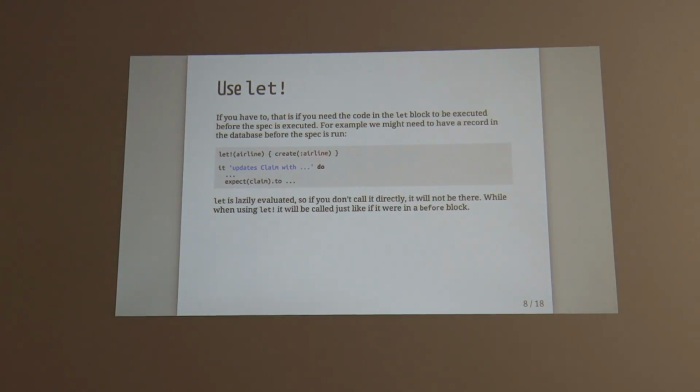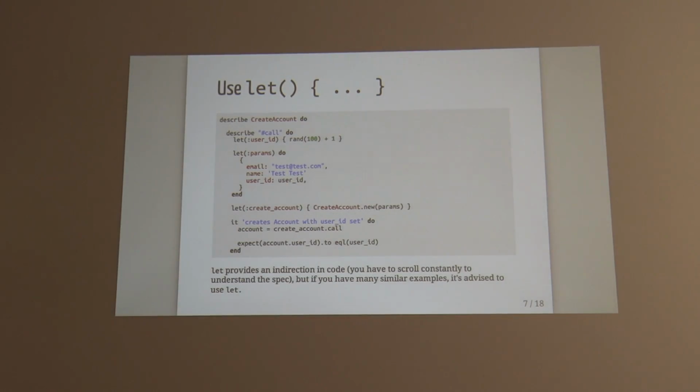I have a question about this slide. Is there any reason that you are using an empty line between the expect and service calling in the it? Yes, there will be a slide about it.